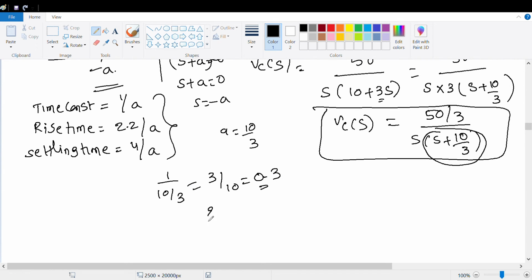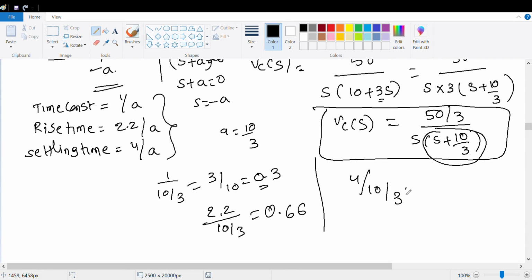After that, rise time 2.2 by a, with a equal to 10 by 3, gives 0.66, and settling time 4 by a, with a equal to 10 by 3, gives 1.2. These are the three parameters they have asked.